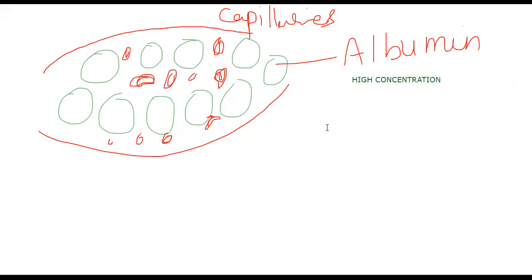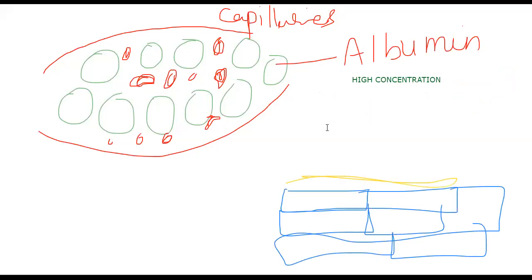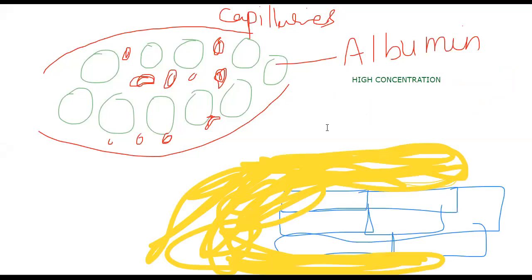Next, let's draw the tissues, as I drew the tissues earlier. In the tissues, the fluid is there. Let me give some yellow color to the fluid. The concentration in the fluid present in the tissues is low. Just this concentration difference makes our fluid get back.